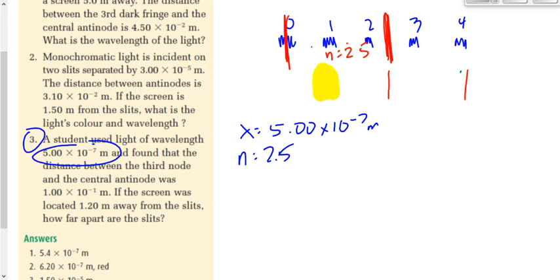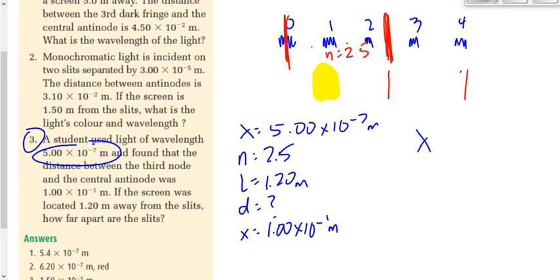The screen is located 1.2 meters away from the slits. We want to find out how far apart the slits are, D. We want to say lambda is equal to, oh wait, what's x? Oh, x is 1.0 times 10 to the minus 1.